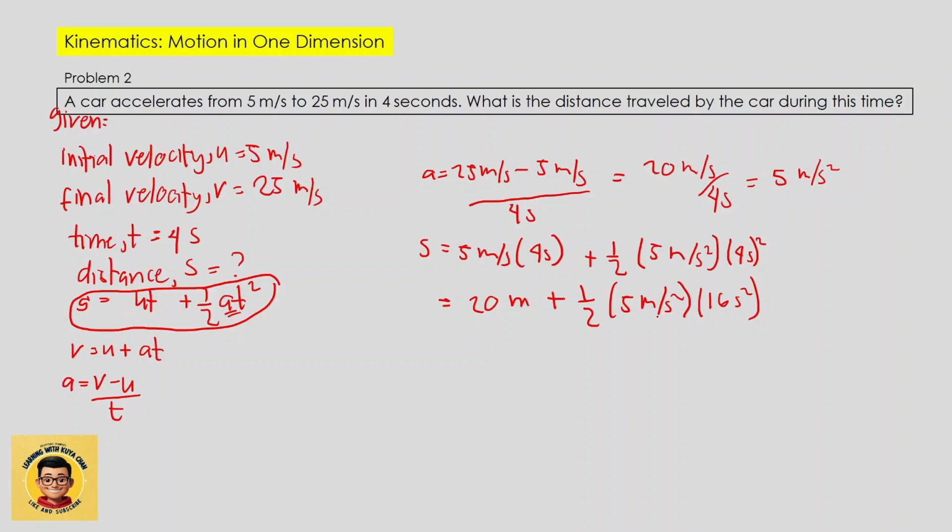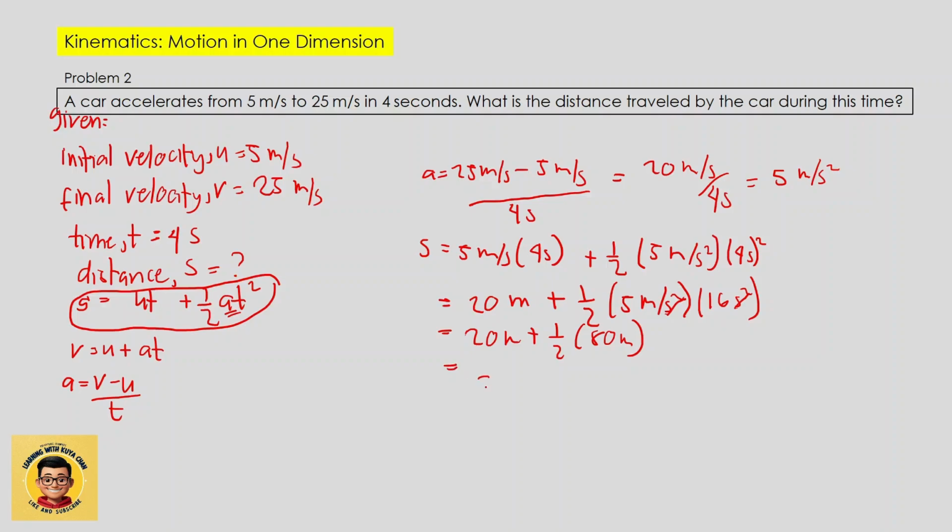So we will cancel out the units. So what we will have is 20 meter plus 1 half of 80 meters.